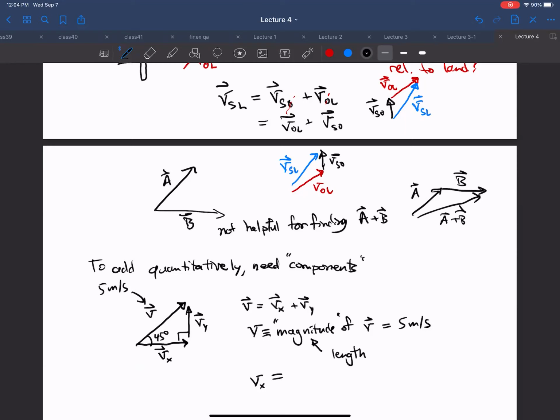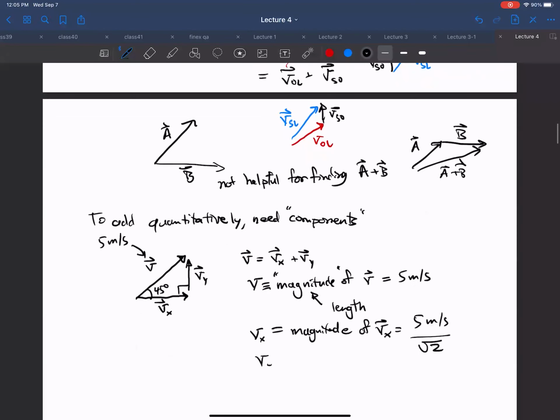It's the magnitude of vector v sub x. And in this case, that would be 5 meters per second over square root of 2, because it's a 45-degree right triangle. And in this case, v sub y would also be 5 meters per second over square root of 2.